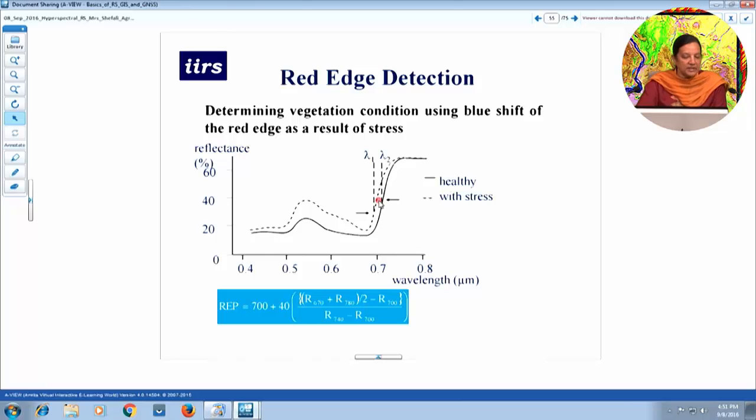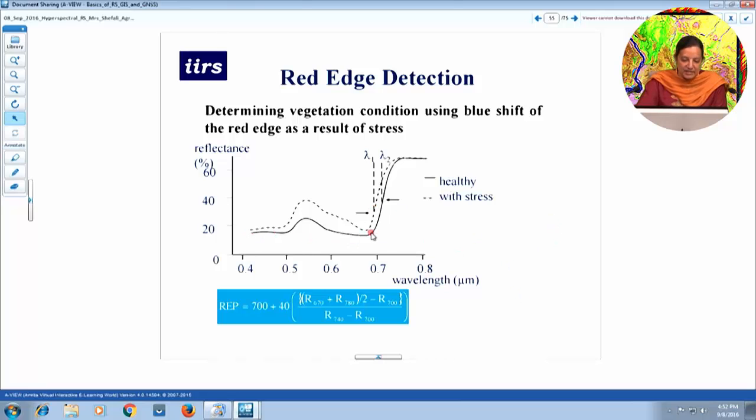What kind of stress, whether it is nutrient stress or for what reason, that can be correlated. So to measure this stress, which is very narrow in nature, hyperspectral sensor data sets help. With this we can calculate the red edge position, and depending on it, one can say whether it's healthy or stressed vegetation.